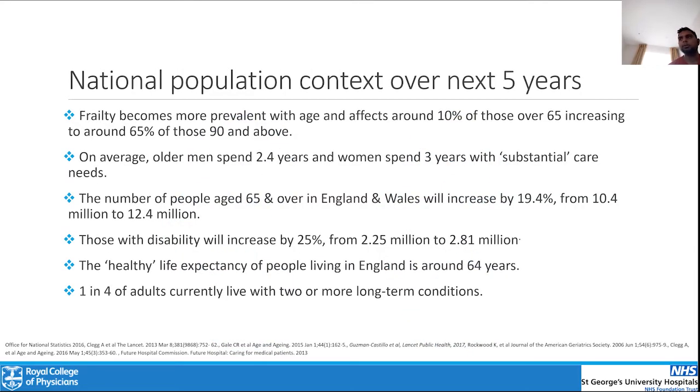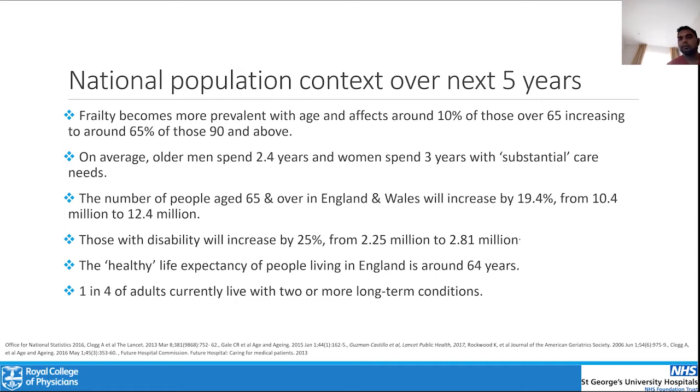So why is this important? Well, if we look at the national population context over the next 5 years, we can see that the population is aging. That isn't a secret. However, one of the interesting things is that both men and women will spend around, on average, almost 3 years of their life with substantial care needs and increasing disability.